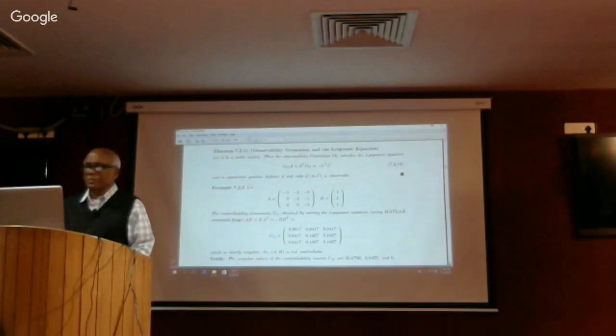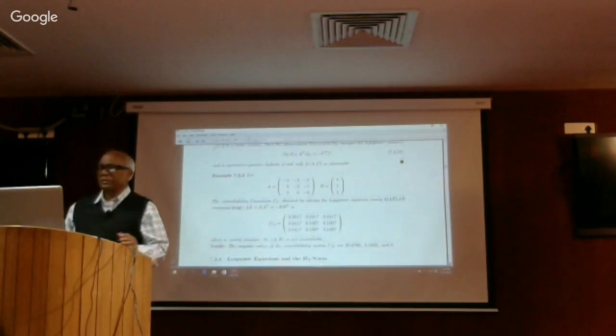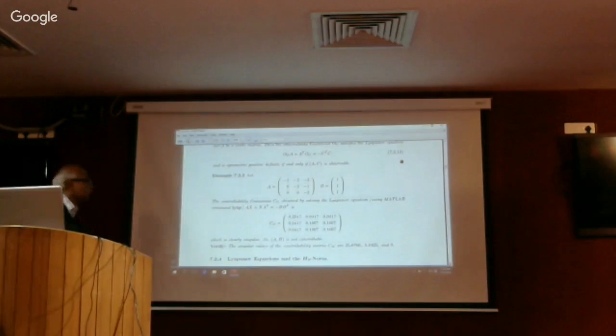And there are some examples. You can see the examples. This is a small but trivial example. Suppose the matrix A. This matrix is of course a stable matrix because all the eigenvalues are -1, -2, -3. It's a stable matrix. And of course we can see easily that, okay.